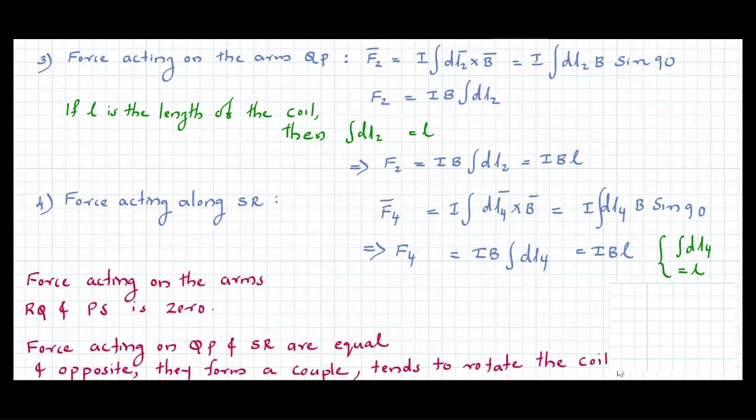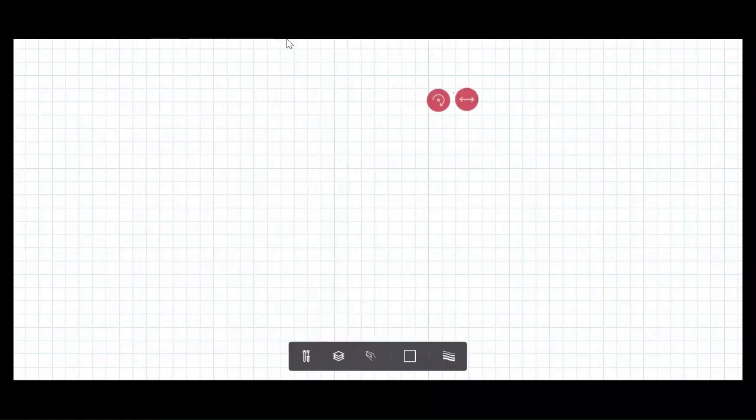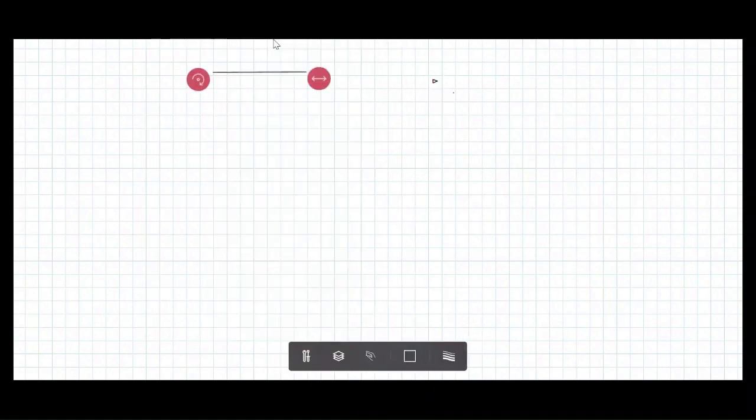That is, if you suspend a rectangular coil in a magnetic field, the coil will experience a torque. Now let us evaluate the value of the torque.